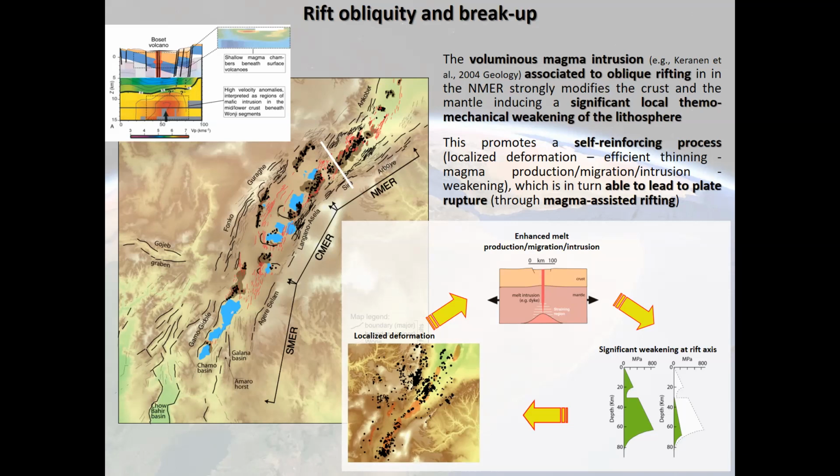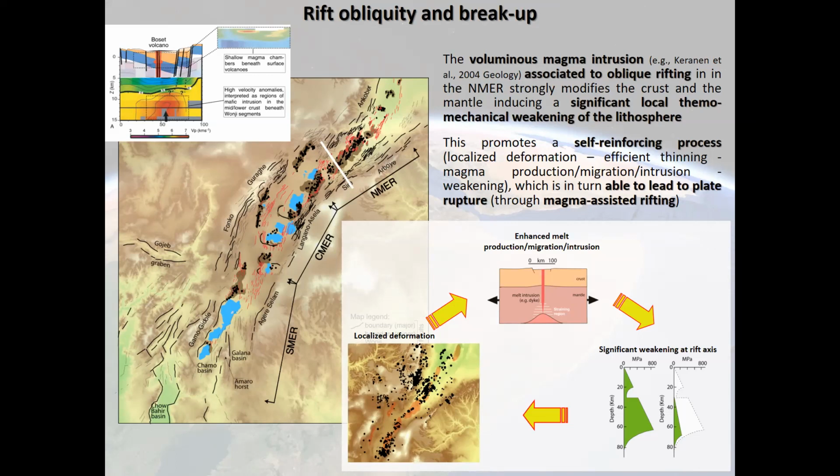So we have injection of hot material, we have weakening of portions of the lithosphere affected by this intrusion at the rift axis. And this has been shown by many analytical and numerical models by, for instance, Roger Buck in the past.